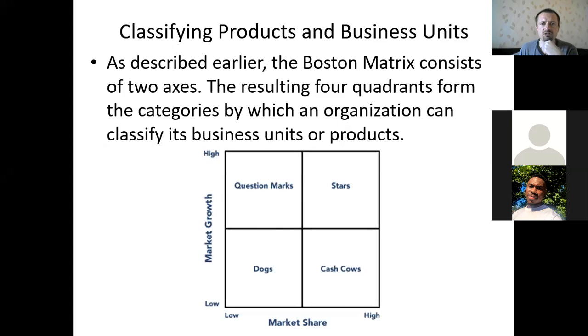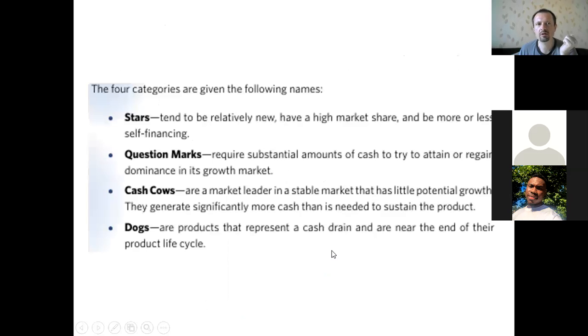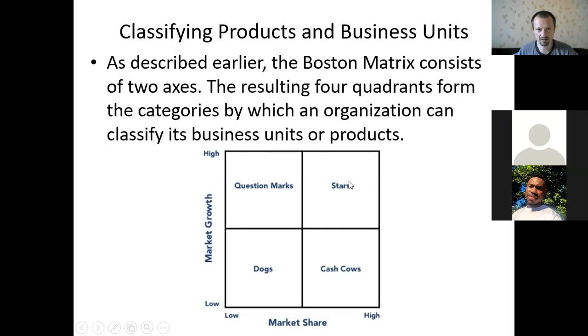I would say not a classification, but the explanation for every box will be the following. The star is, okay, you will read it by yourself, but I will explain it with the help of this picture.